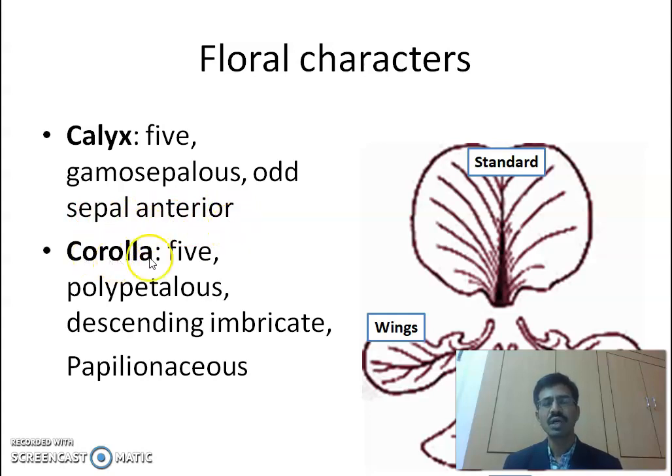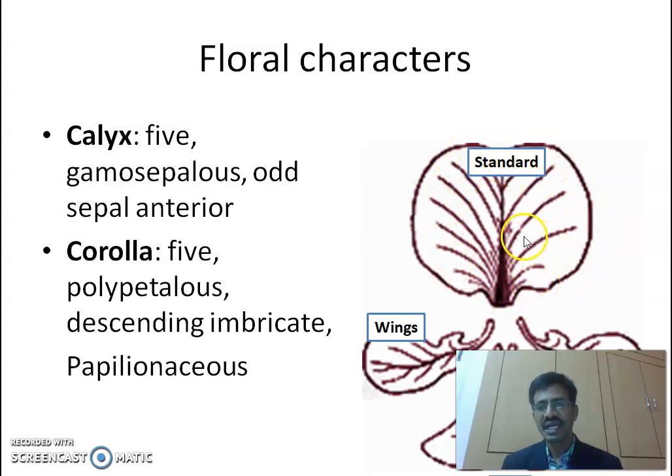Next, when we come to corolla, this is a characteristic corolla. This is also called papilionaceous corolla. Here, 5 petals are there, and the petal which is located at the posterior side is largest. This is also called as standard petal.